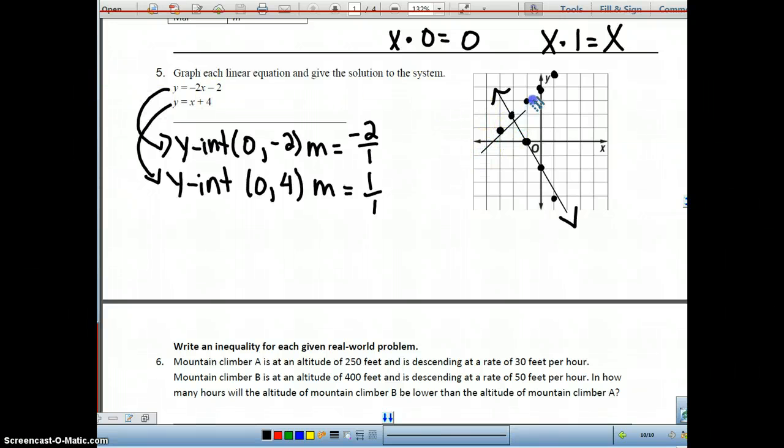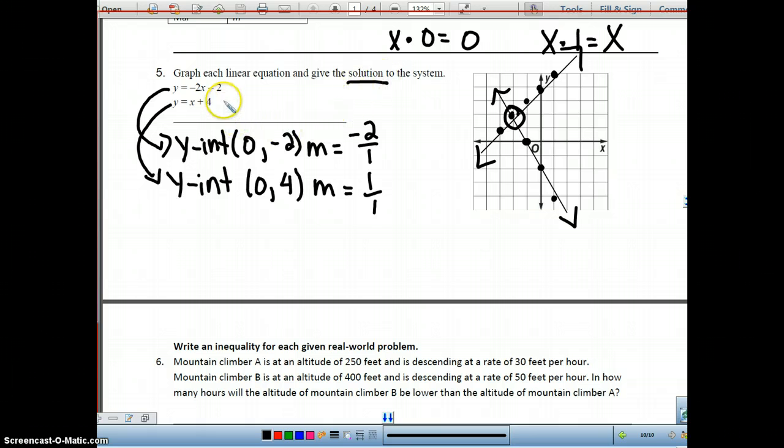Pretending. Our imaginations are great. So we can see that both of them have that point in common. That means, therefore, that is the what? That is where they intersect, the point of intersection.